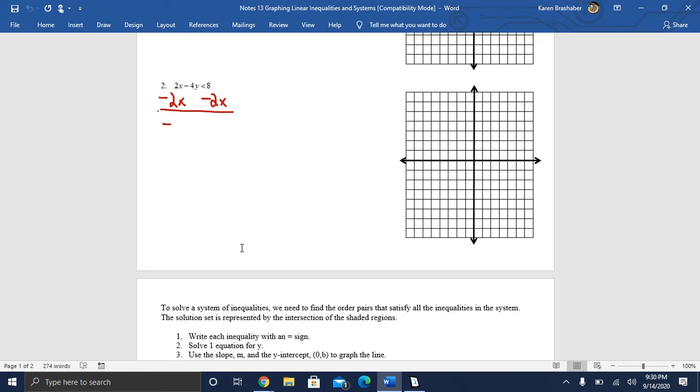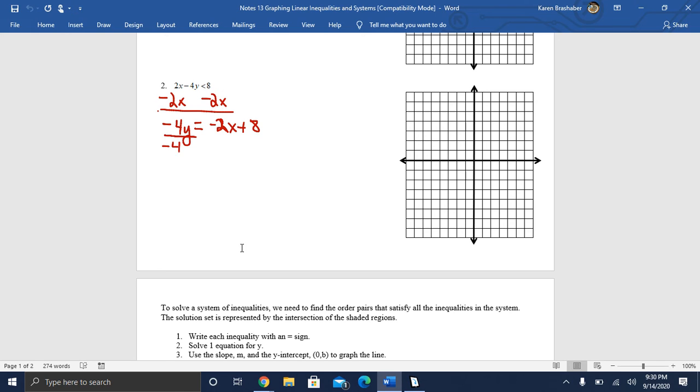Remember that the 4 has a negative in front of it. So negative 4y. I'm also going to go ahead and change to an equal sign while I'm doing this, equals negative 2x plus 8. I'm changing to an equal sign because I'm working with the boundary line. And so the boundary line is an equation.